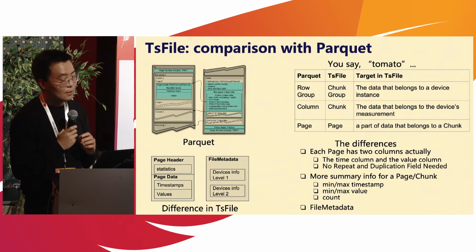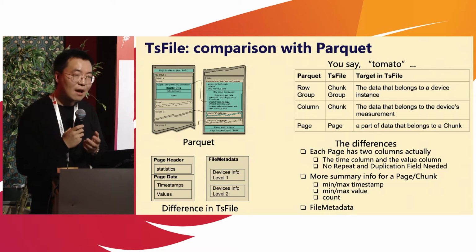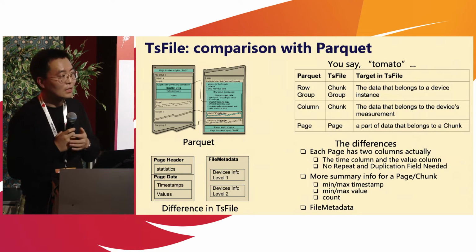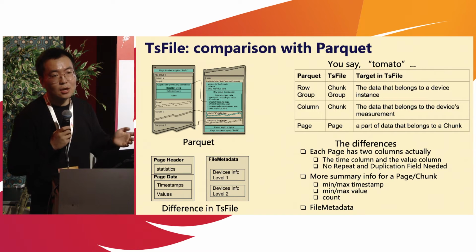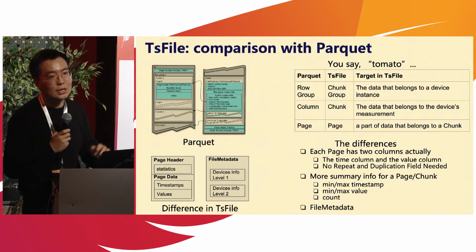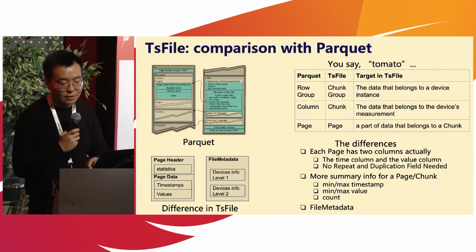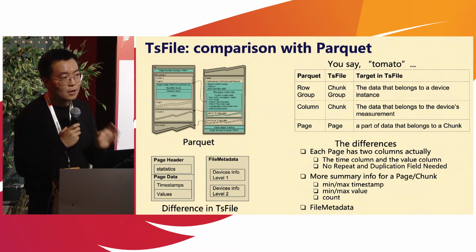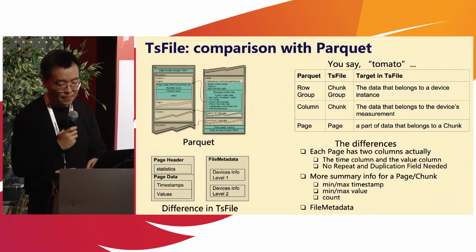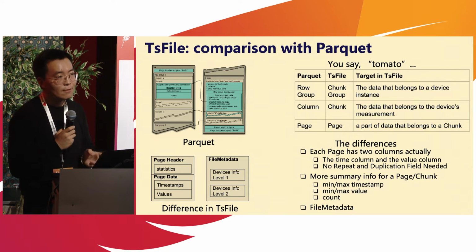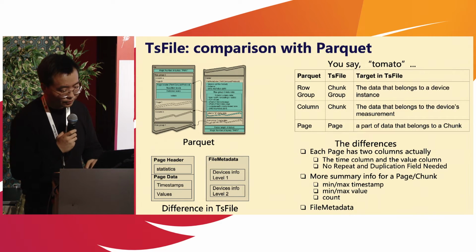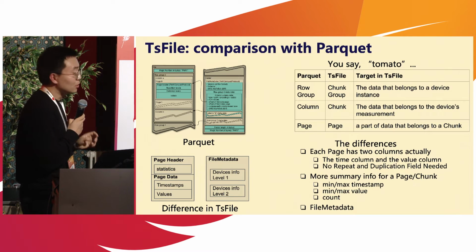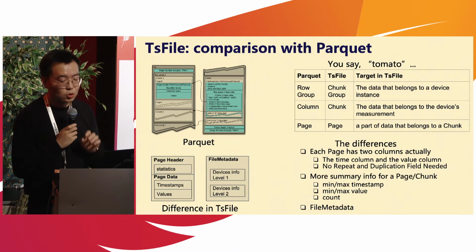And third, the file metadata is also changed. Because one file may have many time series, maybe tens of thousands of time series, we may be unable to load all the file metadata into memory. Therefore, we use two-level metadata now. And we do not use the Thrift protocol to serialize data in TsFile.